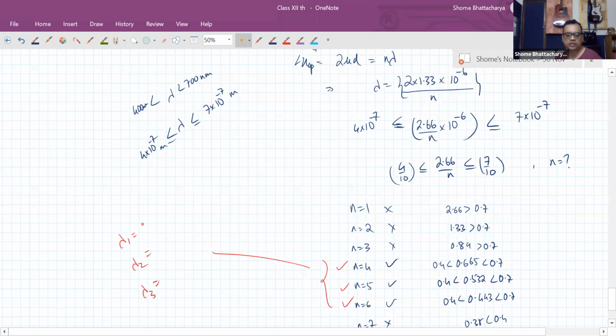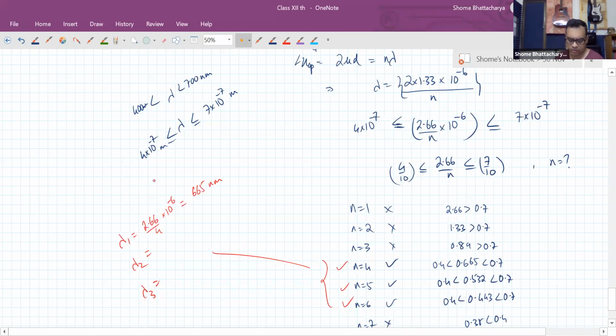Okay. 2.66 upon 4 into 10 raised to the power minus 6. So that will give us 665 nanometers. Nearly 666. Okay.